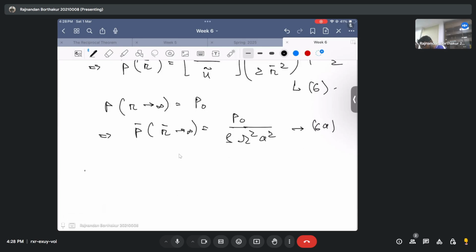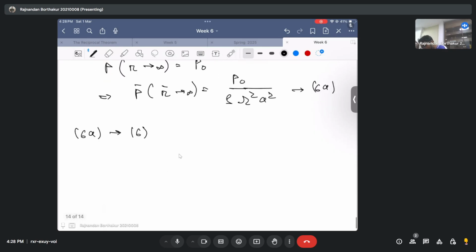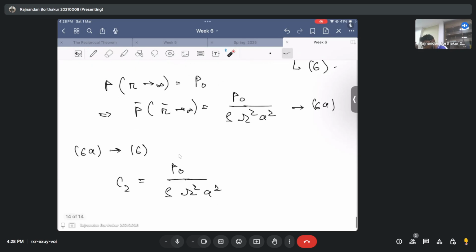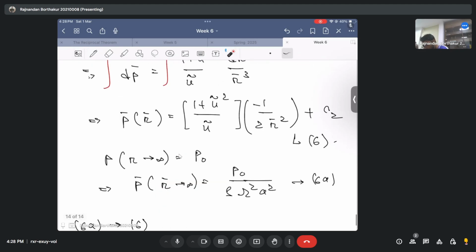If I substitute 6a in 6, my c2 will be equal to p naught by rho omega squared a squared, which is again a non-dimensional quantity because it has the same dimension as p naught.